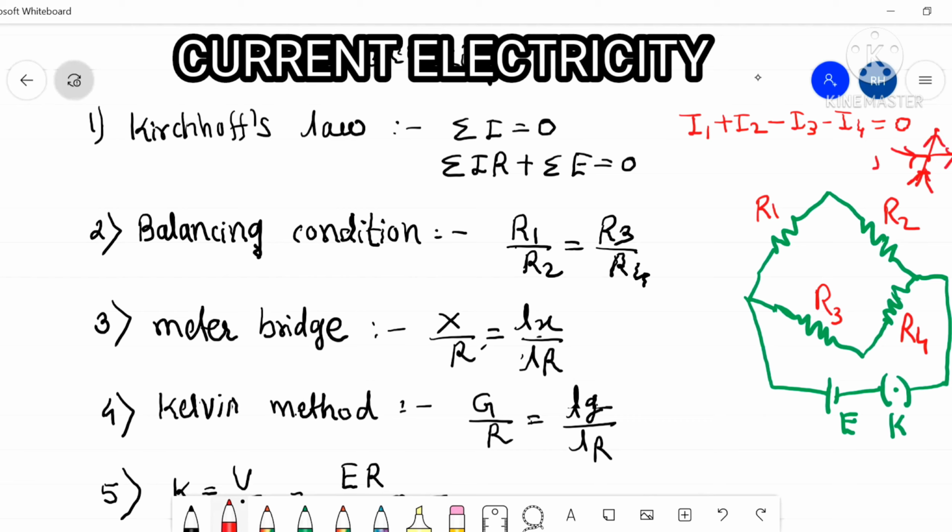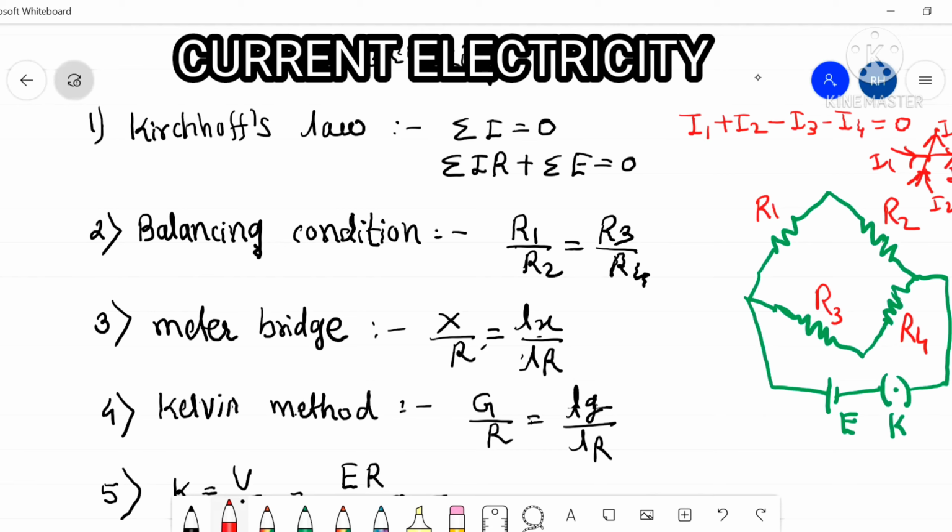Here I will mention I1, I2, I3 and I4. It means you have to check the direction of the current in the circuit diagram. Maybe in the problem a circuit diagram is given, and then you see the arrow of the current. Where the arrow is indicated, it is towards that point or away from that point.